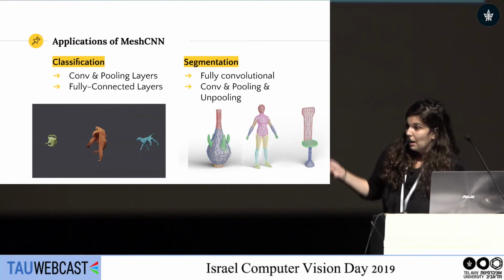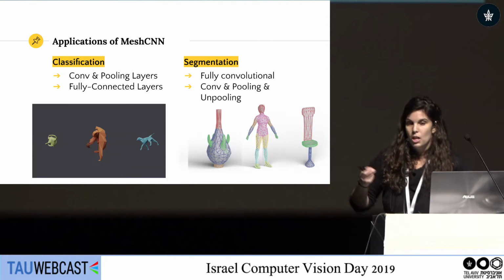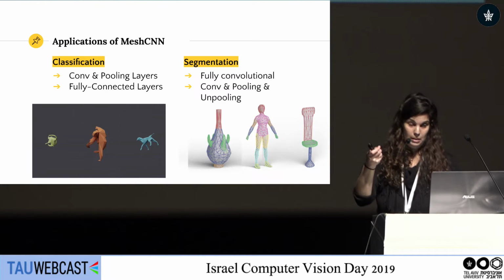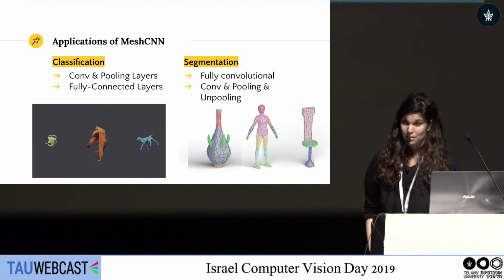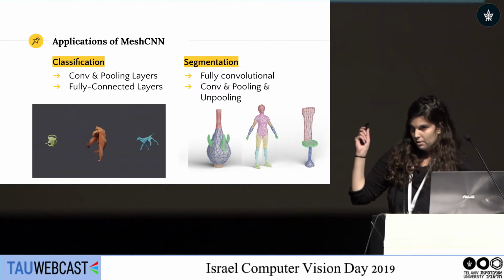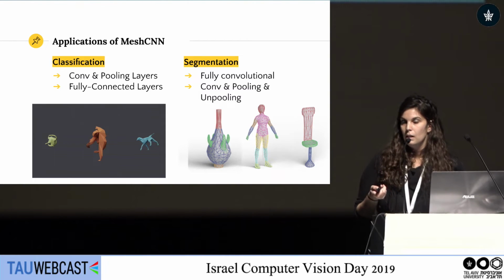And for the task of segmentation, we have an edge-based classifier. For each edge, we predict the probability that that edge belongs to a particular class. And since it's a fully convolutional task, there is no fully connected layer. There are unpooling layers to restore the original mesh resolution.